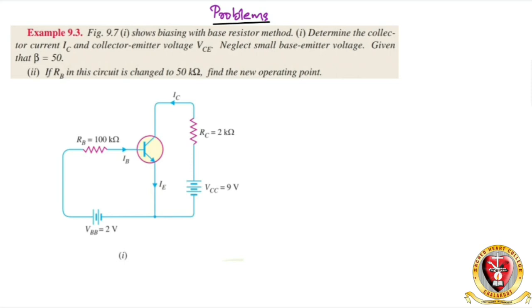We have to determine the collector current IC and collector emitter voltage VCE. It is given that we can neglect the base emitter voltage VBE since it is small. Also given that beta is equal to 100.